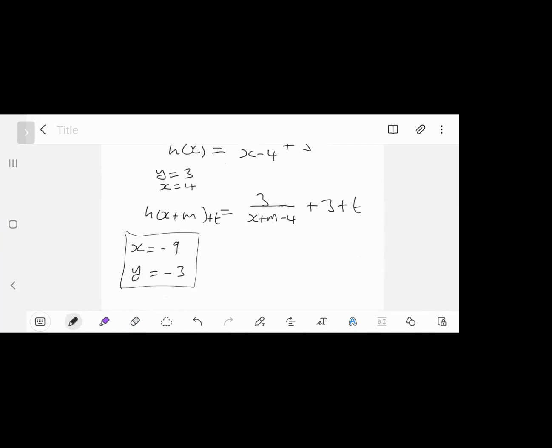What will be your value of m? -5. -5. And then what will be my value of t? -6. -6.